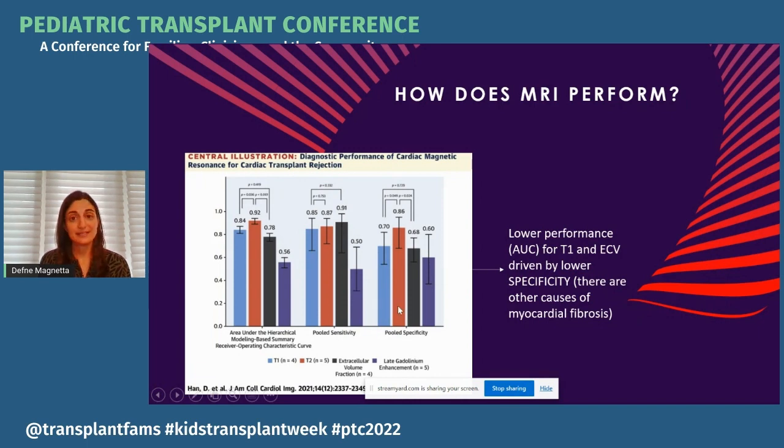And then if you look at the specificity, how specific is it for rejection, T2 still holds up pretty well versus the other ones falling down, probably because other things can cause myocardial fibrosis, not just rejection. And so the overall performance of these parameters is best for T2, but also still pretty good for T1 and ECV.